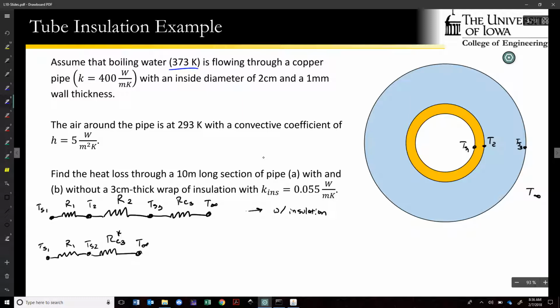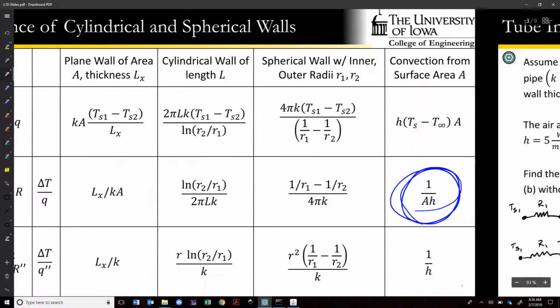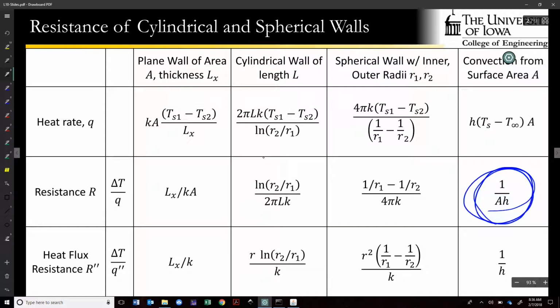So let's go ahead and make a little table here. Say we've got R1, R2, RC3, RC3 star. R1 is just going to be equal to ln of, if we go back here, the resistance of a cylindrical wall, we're going to use this equation.